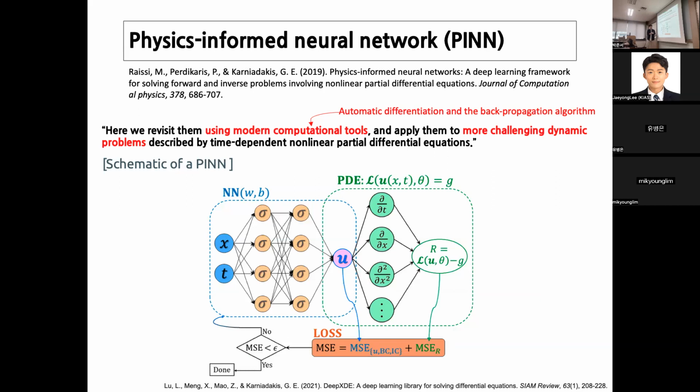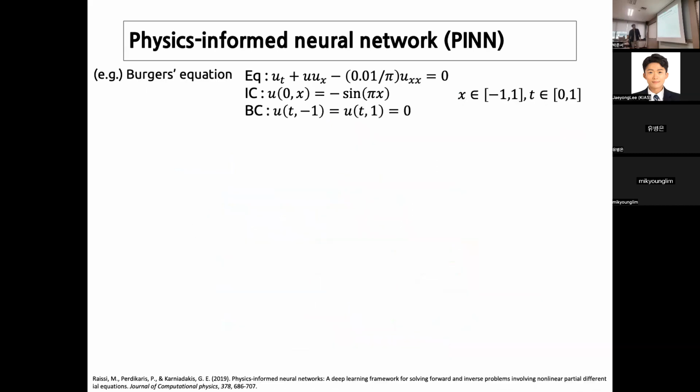And then they can find the optimal weight and bias, which is the direction to minimize this residual. So this solution u will satisfy the equation because the residual is minimized. So this is the core idea of this PINN algorithm.